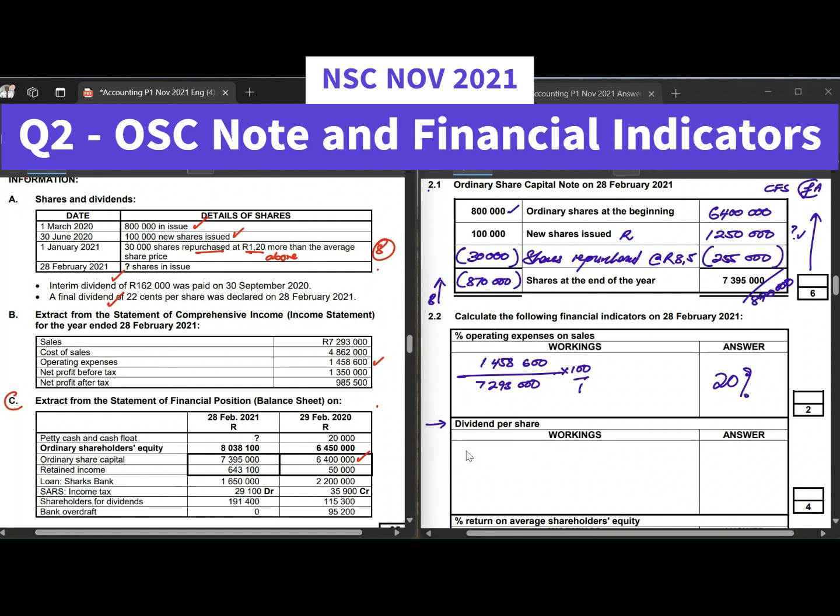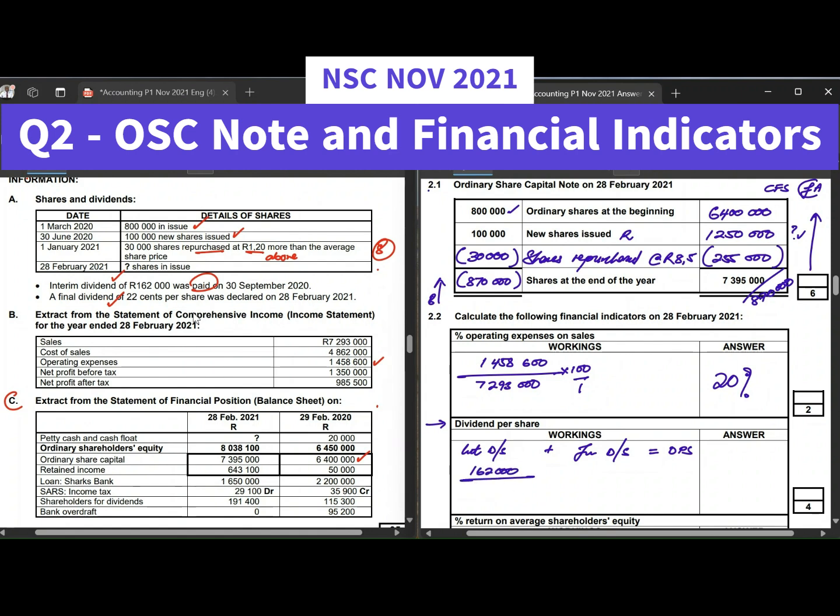So we can say if I get my interim dividend per share plus my final dividend per share, that is equal now to my dividend per share, which is what I want to calculate here. Now, I'm not given my interim dividend per share, I'm given the interim dividend that was paid. So I can take the interim dividend which was paid, which is 162,000.